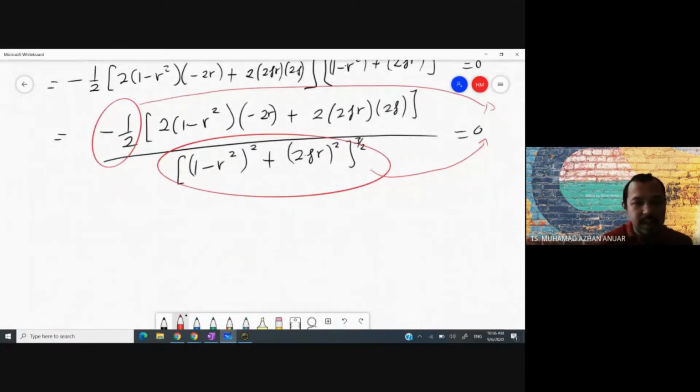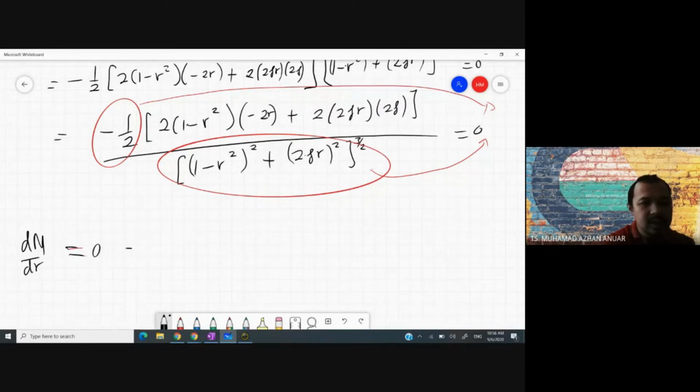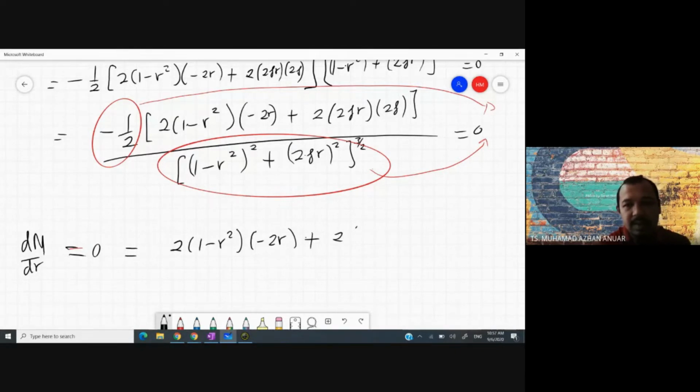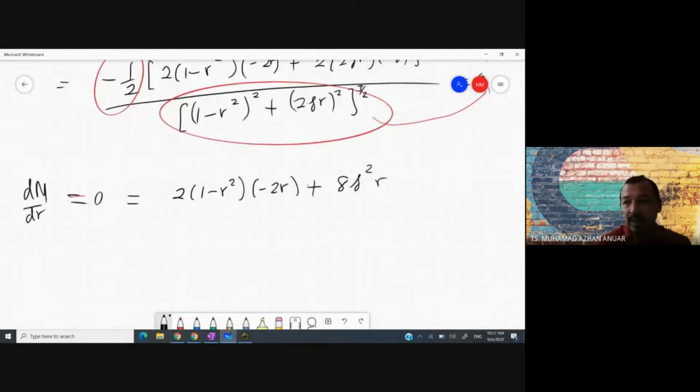So what we are left with in this derivation is, dm dr is equal to 0, is equal to 2 multiplied by 1 minus r square multiplied by minus 2r plus 2 multiplied by, or let's get 8, 8 zeta square r, equal to, put 0 in front of that.